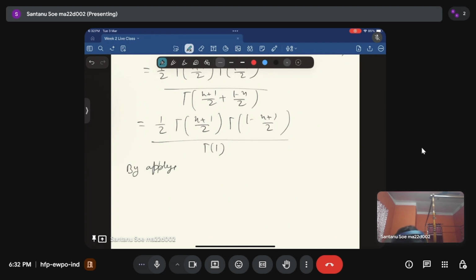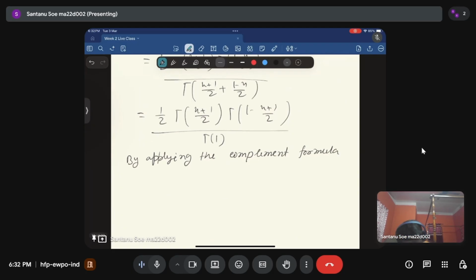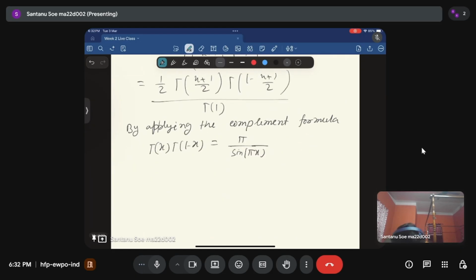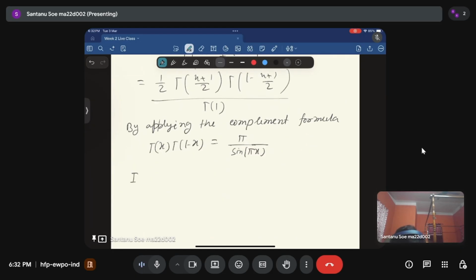So now by applying the complement formula, the complement formula was like this, that gamma of x into gamma of 1 minus x is just pi divided by sine of pi x. So we'll get I equals 1 by 2 times pi divided by sine of pi into (n plus 1) by 2.